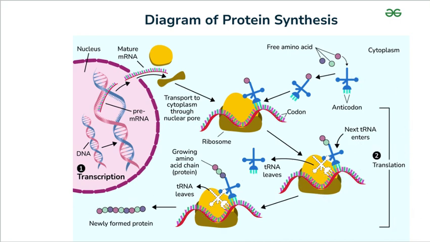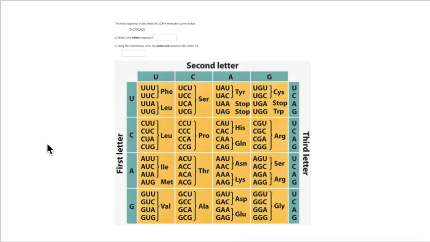And then now you see a newly formed protein here. It's very ingenious. And there are different types of proteins. For example, you have to read the first letter. If the first letter is C for cytosine, then you go to the second letter. The second letter is U for uracil, because this is messenger RNA, and RNA has uracil instead of thymine, so it looks for uracil.